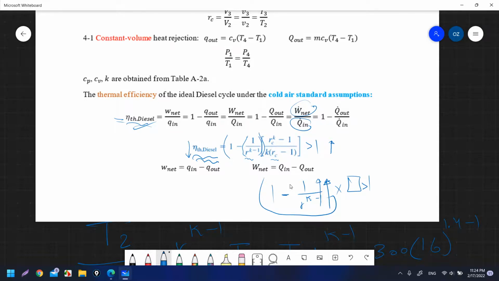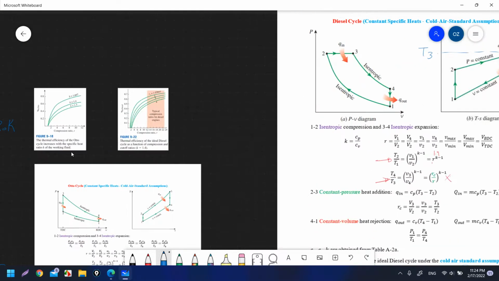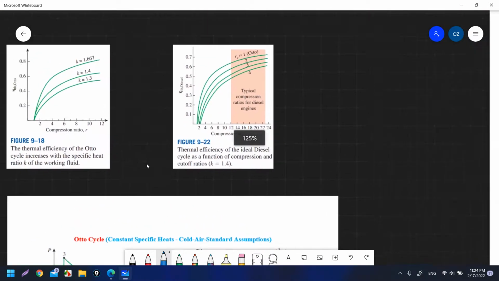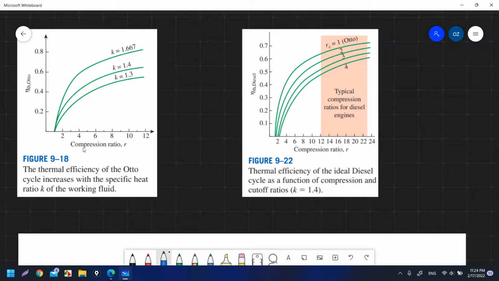Okay, so we can talk about this using this graph. For the Otto cycle, by increasing the compression ratio, you can see that the thermal efficiency of Otto is increasing.